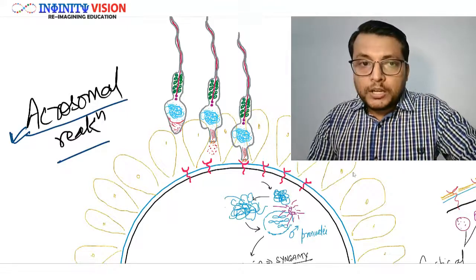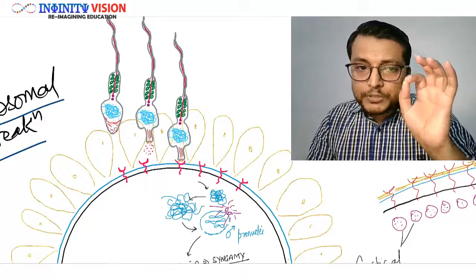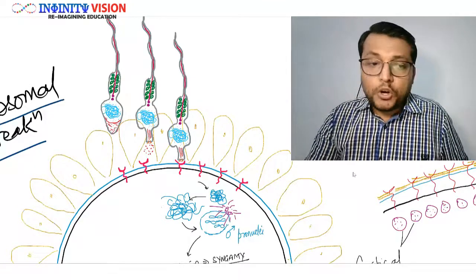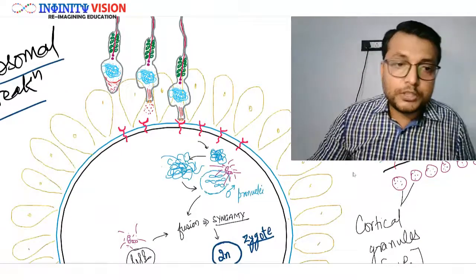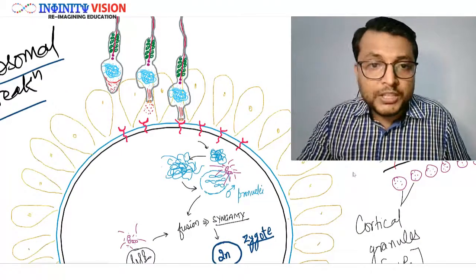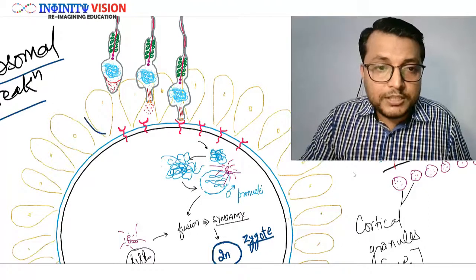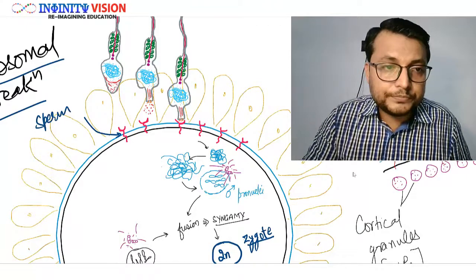Now, after this acrosomal reaction, what is happening? The sperm is able to reach the zona pellucida. Now, on the membrane of the zona pellucida, see here carefully, there are these receptors, okay? And what are these receptors? These are called sperm receptors.